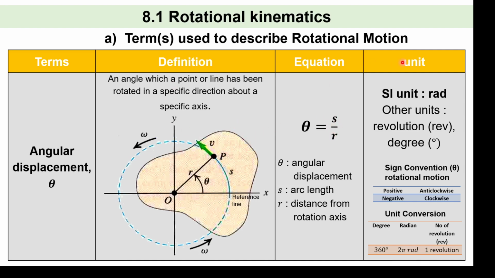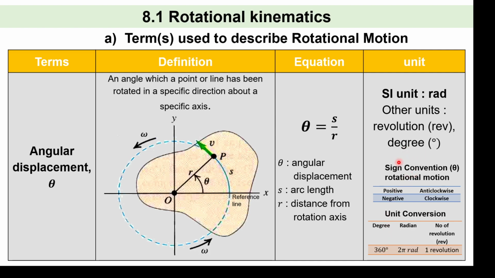The unit of angular displacement is radians, but it can also be in revolutions or in degrees, because we know that the object will complete one rotation, or one circle, so it should be one revolution, which means it completes one rotation, or 360 degrees.